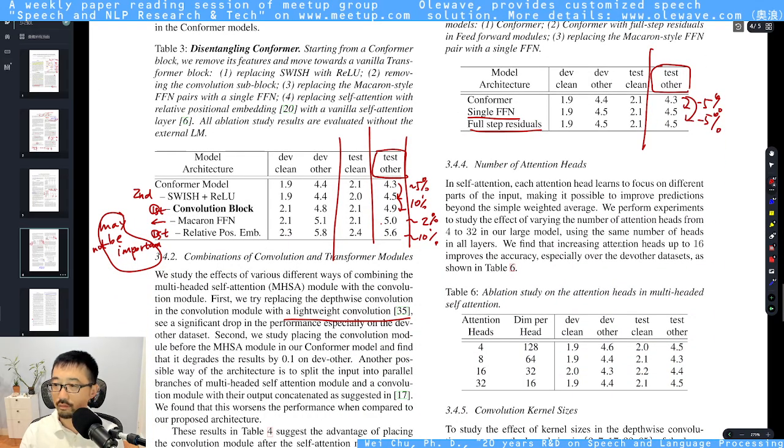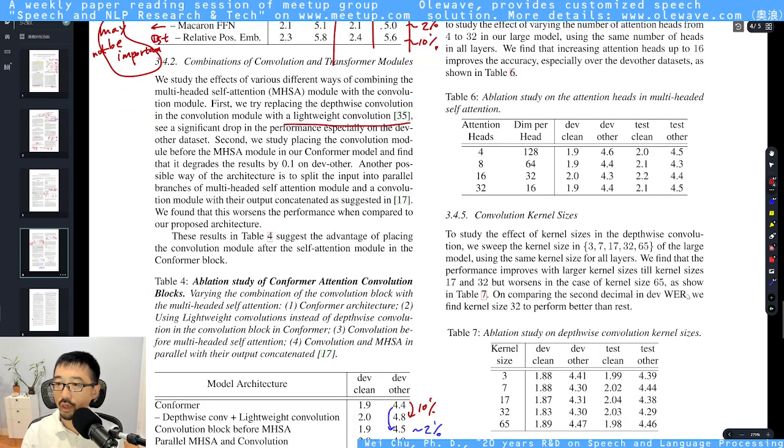Number of heads. I think this is trivial. If you look at the number of heads, this is the best, right? These get worse, but not much. Most of the time it's less than 5%. So my guess is that LibriSpeech is not a big data set, so it doesn't matter.